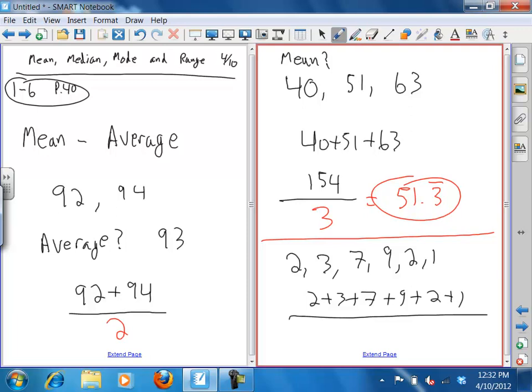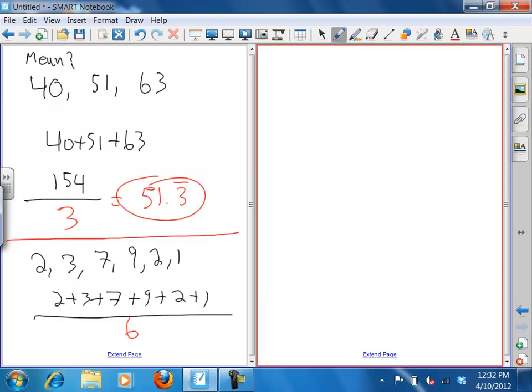And we had to divide by how many numbers there are. How many numbers are there? 6, right? So we add these up, we get 24. So this is actually 24 divided by 6. And that's actually 4. It works out pretty nicely. So the average here is 4.